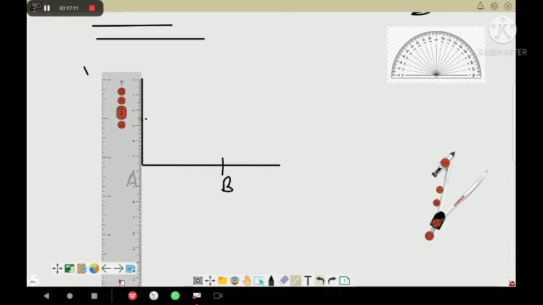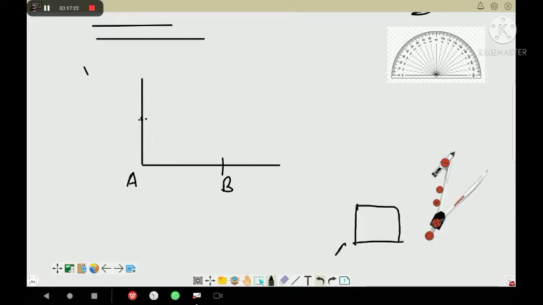Okay. Now next step is the rough figure, A, B, C, D. One diagonal is given, and diagonals also are equal in case of rectangle.